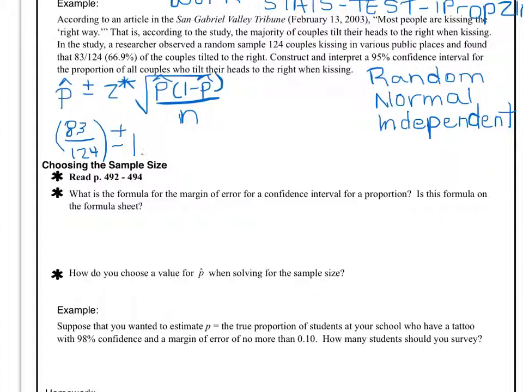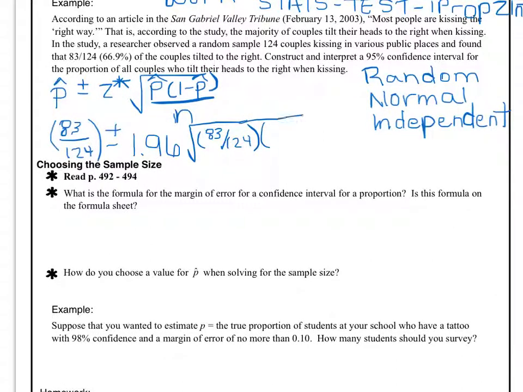And I happen to know that that one's 1.96 times the square root of p hat, which is 83 over 124, times 1 minus p hat, which is 41 over 124, all over n. So then I plug that into the calculator, and I get the interval of 0.586 to 0.752.